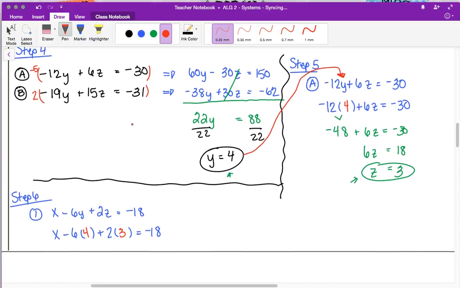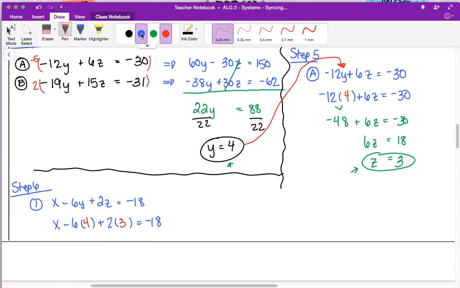And I'll just simplify these. So let's see. x minus 6 times 4 gives me x minus 24, plus 6 is negative 18. Negative 24 plus 6 is negative 18, so x minus 18 equals negative 18.